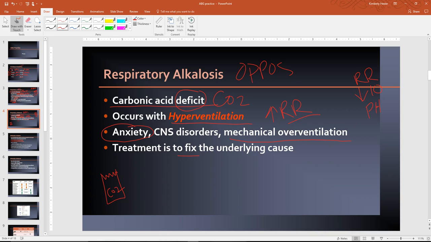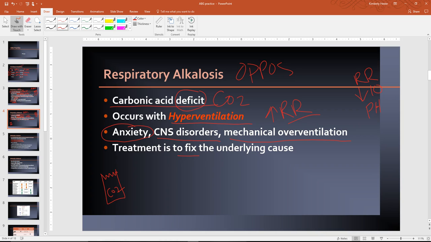You might occasionally see respiratory alkalosis in a patient that has had some sort of brain trauma. Maybe they've had some sort of accident or stroke or trauma to a portion of the brain that controls your vital signs and controls your respirations. Because of the damage to that portion of the brain, it's not working well enough.